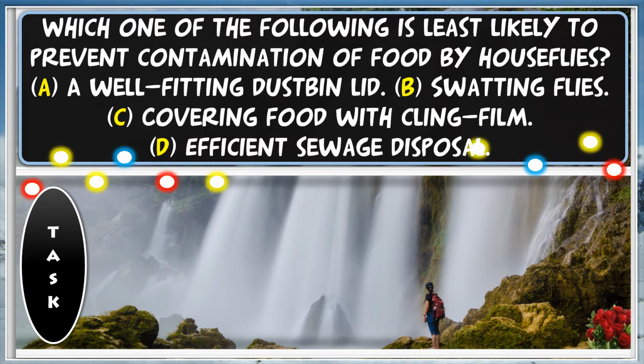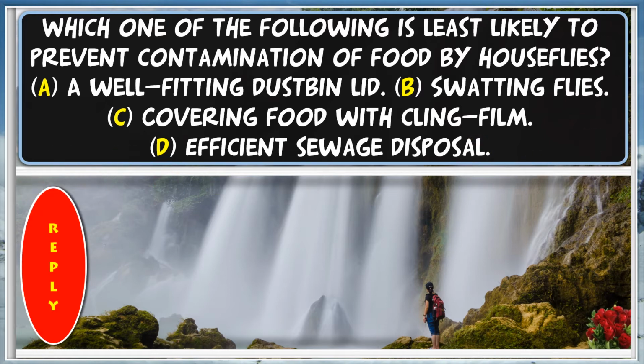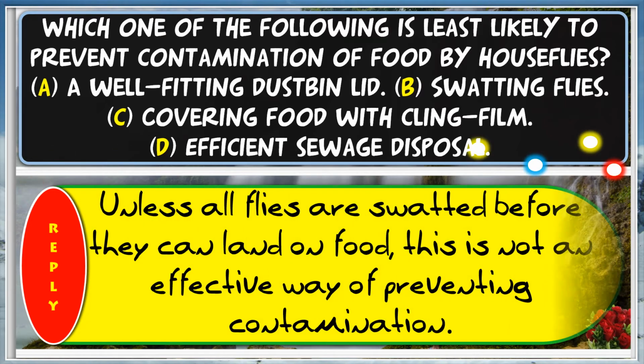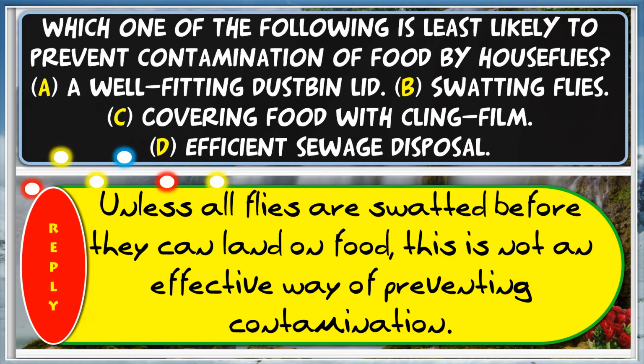D. Efficient sewage disposal. Unless all flies are swatted before they can land on food, this is not an effective way of preventing contamination.